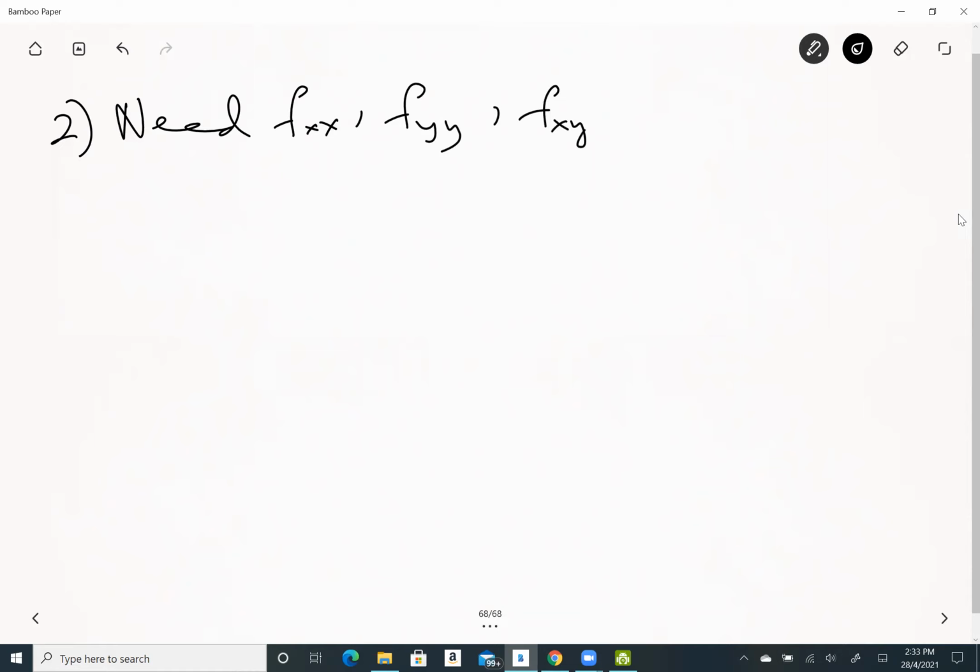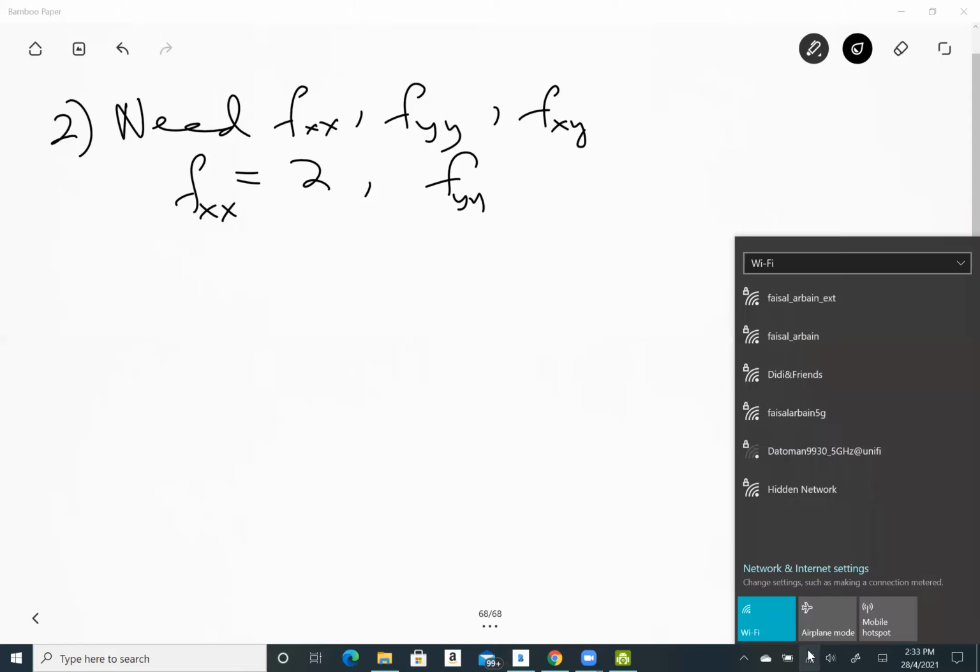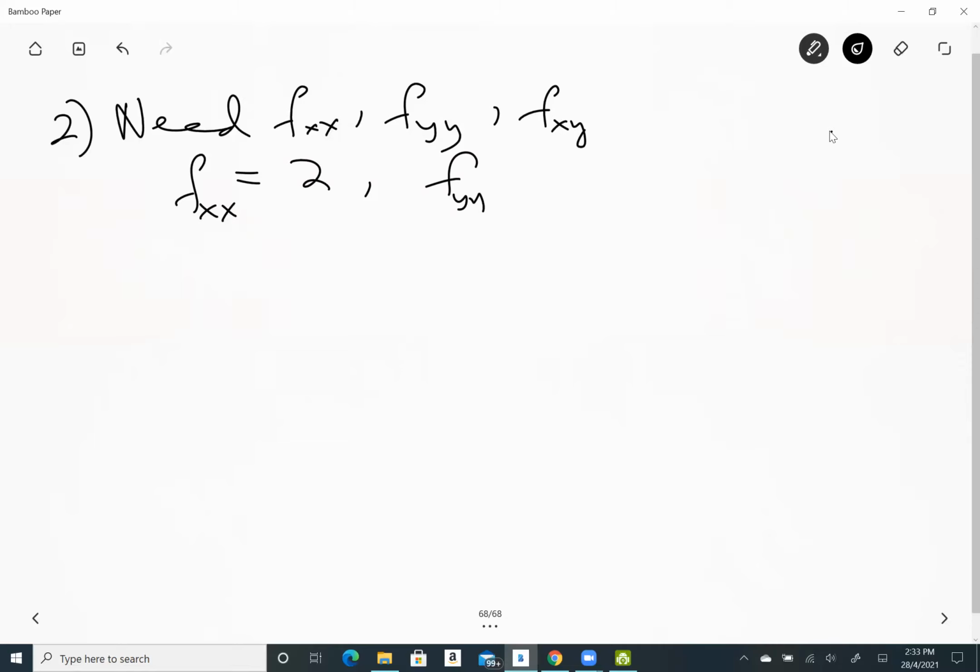So what do I get? fxx, the derivative of fx with respect to x, we get 2. And then fyy equal to 2. And then fxy equal 0.